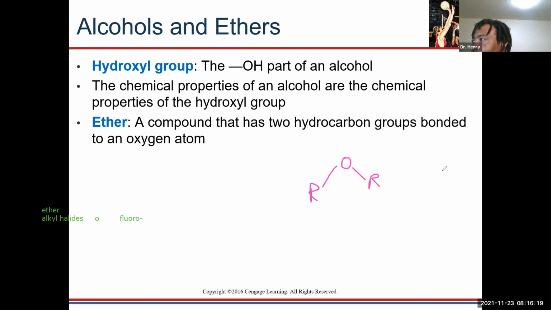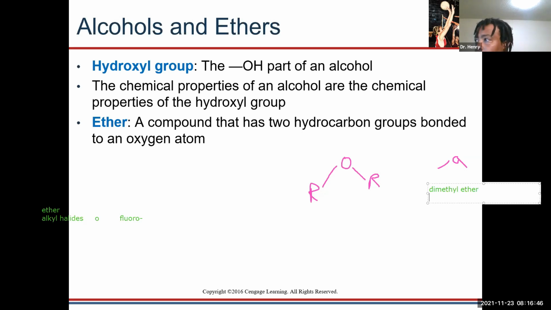So an example is this guy. Since there are two methyl groups, we would call this dimethyl ether. And that's the common way of doing it. Now, both ways are acceptable, the common way and the IUPAC way.